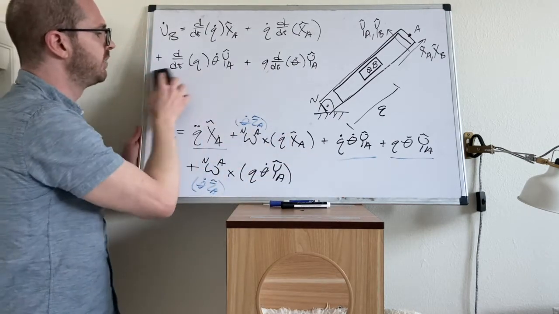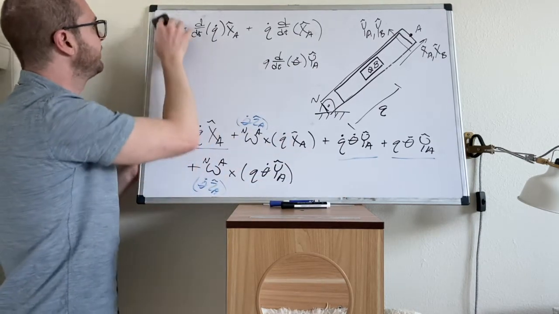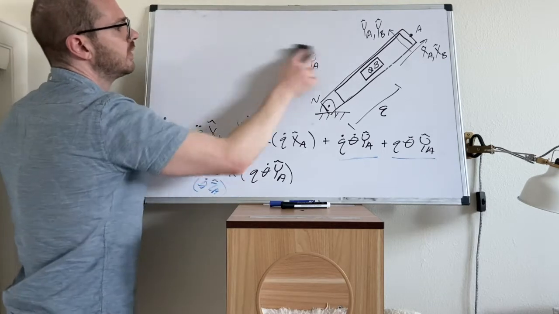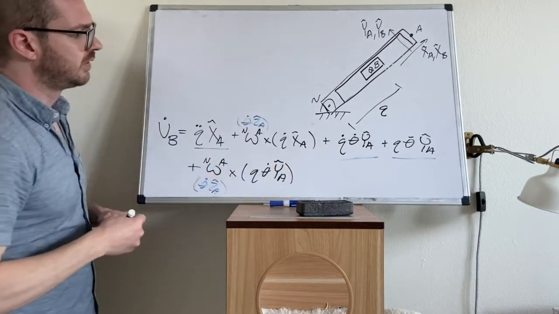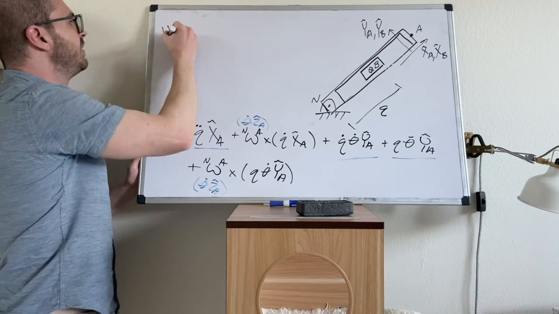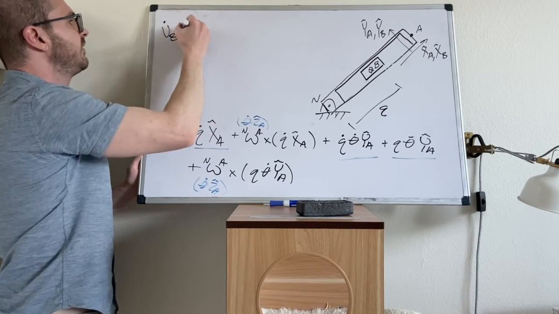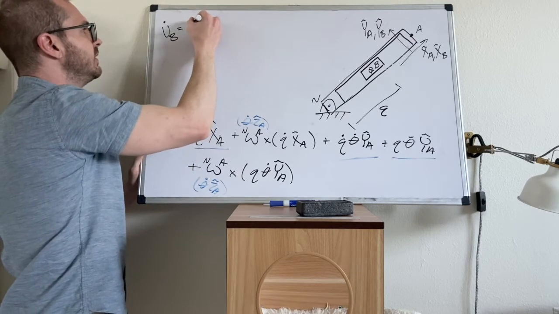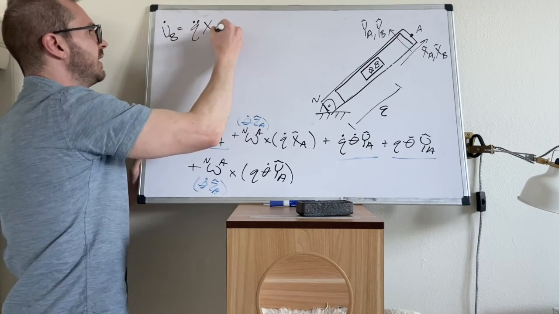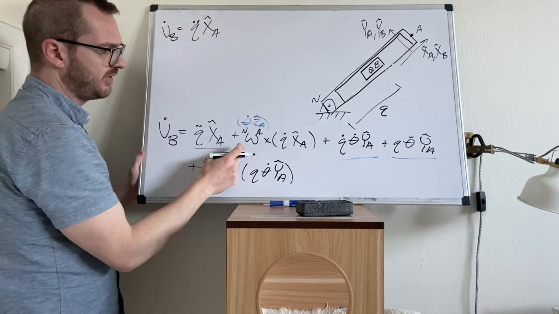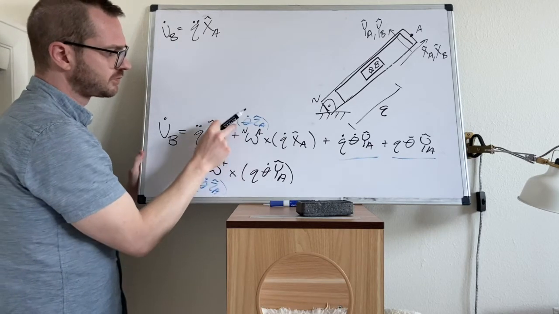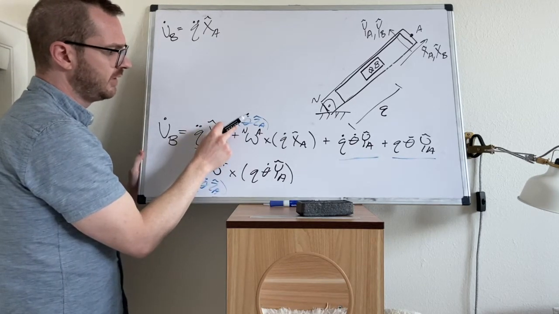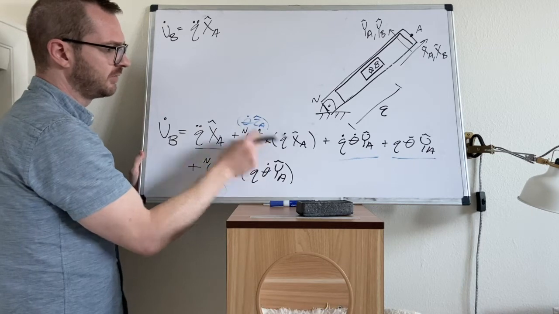So let's erase up here and let's finish this one off. So VB dot equals, I'm going to bring the ones that are finished. So Q double dot X hat A. What's going to happen to this next term? Well, this is theta dot times Q dot.